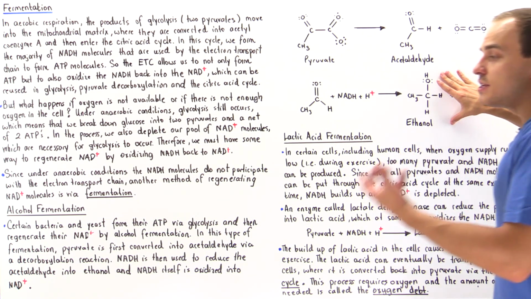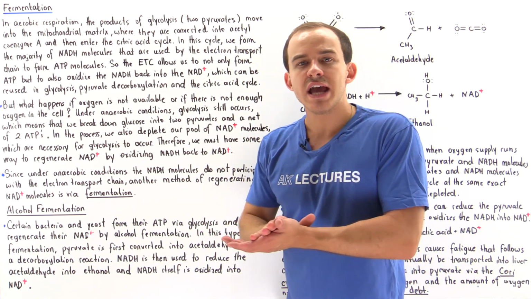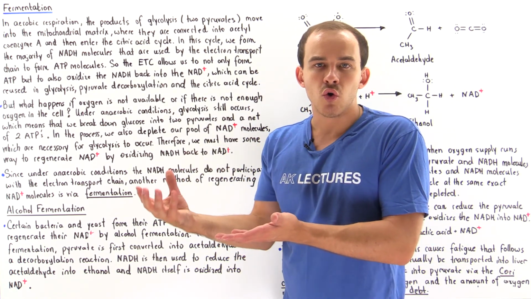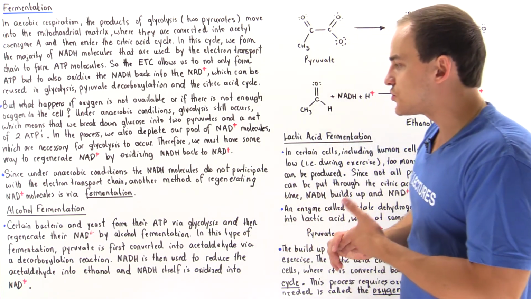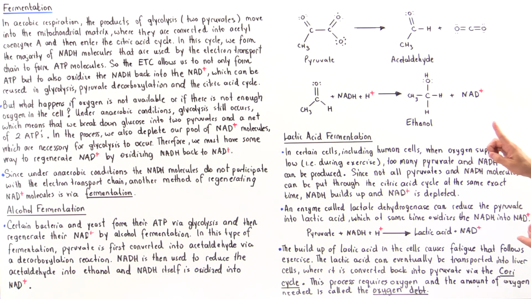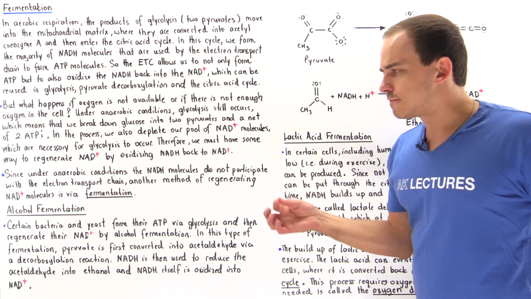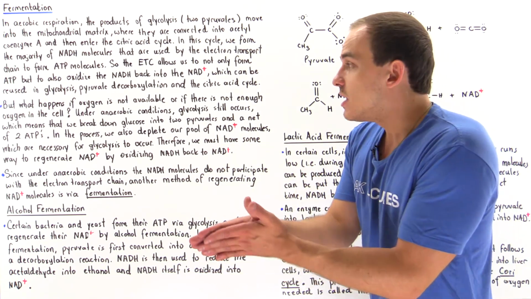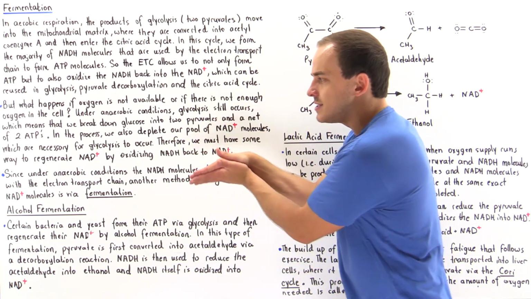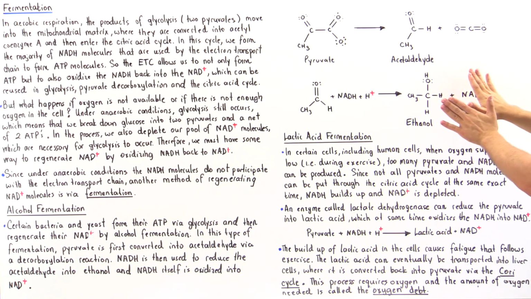In fact, this is the method by which we actually synthesize alcohol that is then sold in bars and so forth. So we see that alcohol fermentation involves the process of glycolysis as well as this process here.